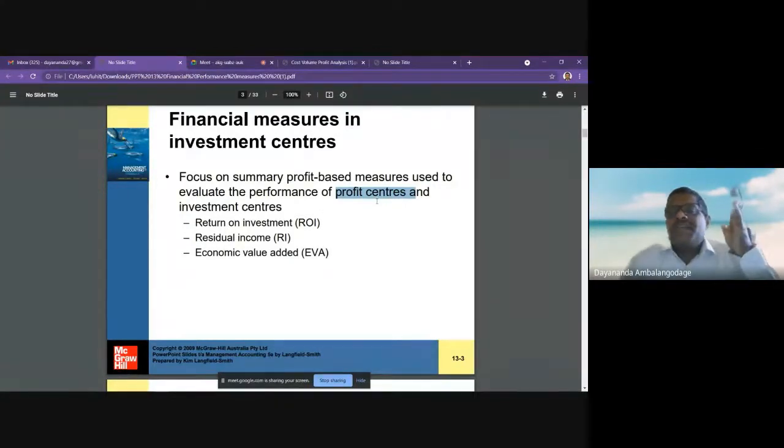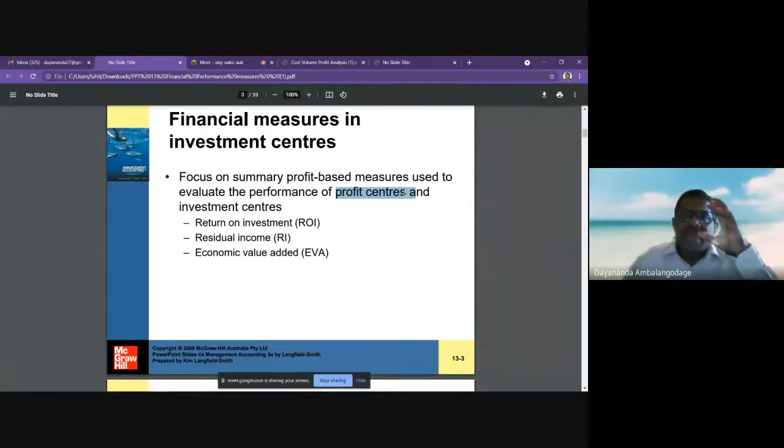The profit center means if that branch or the regional manager's work or the particular SBU, strategic business unit, is a profit center, that manager, that CEO is responsible for both revenue and cost. That is the meaning of profit center.